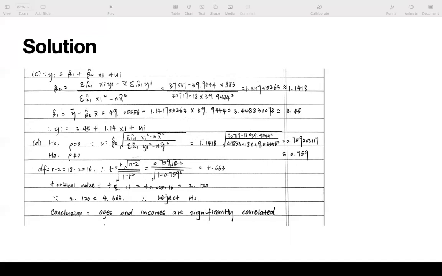Since the sample size is 18, we have the DF equal to n minus 2, which is 16. Here we calculate the t statistic, which equals 4.663. The t critical value is 2.120. Since the t critical value is smaller than 4.663, we can reject the null, and to conclude, age and income are significantly correlated.